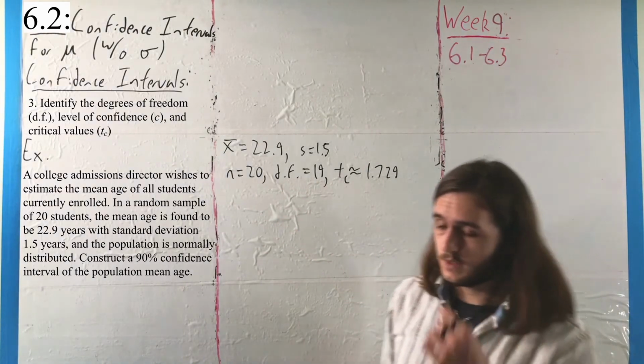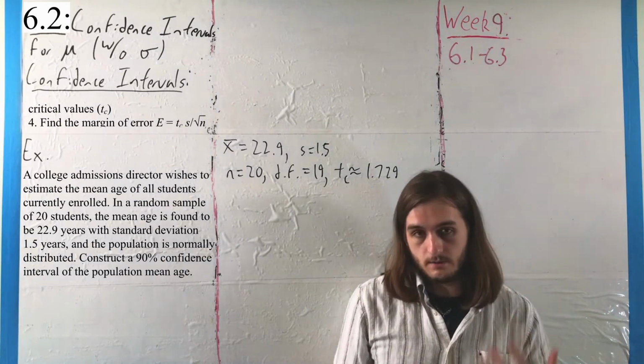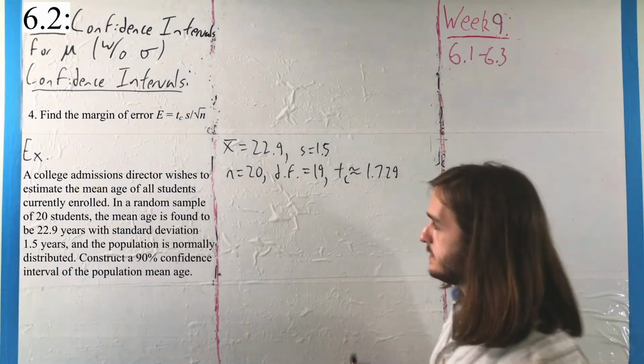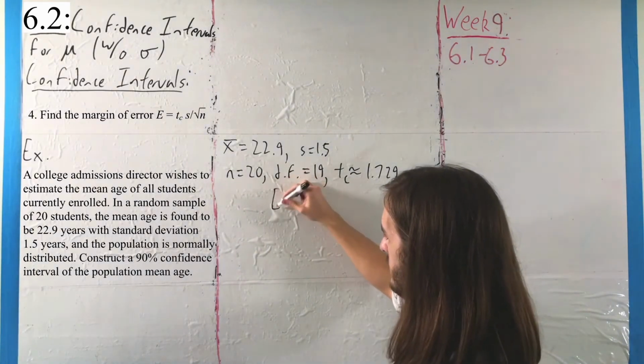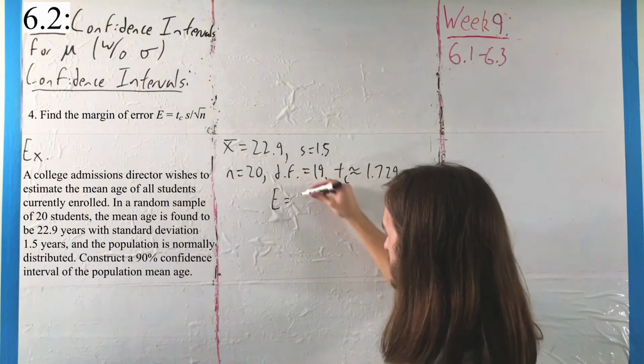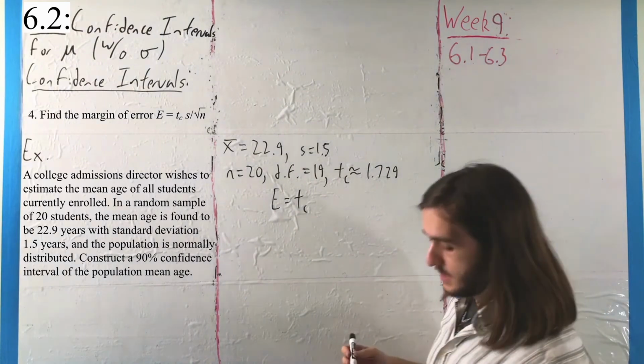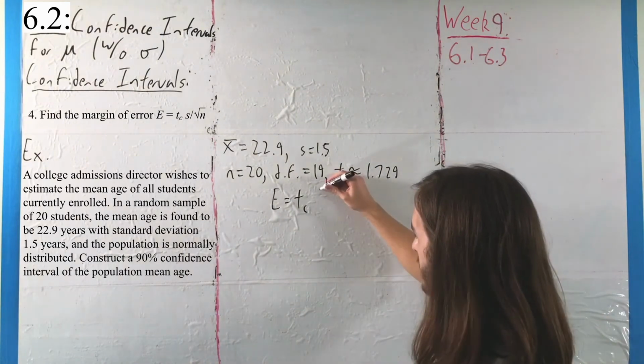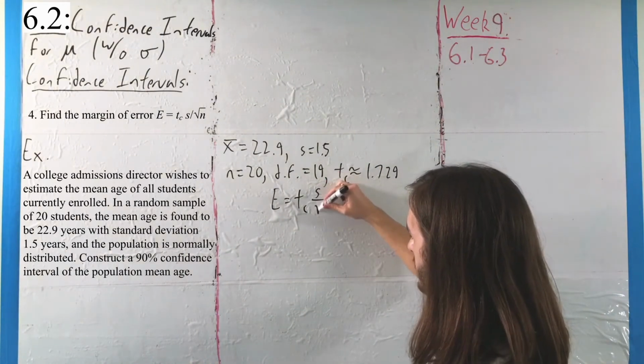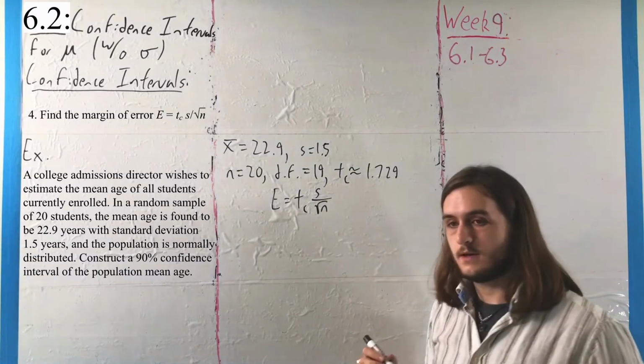We can go ahead with getting our margin of error, the value e, where here e is equal to our critical value, just like before, multiplied by something like a standard error, s over the square root of n.